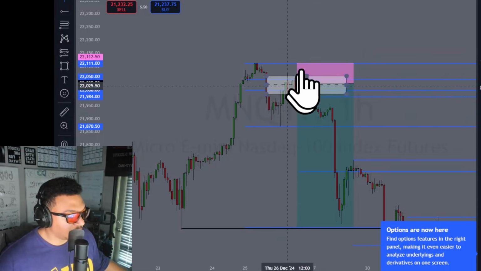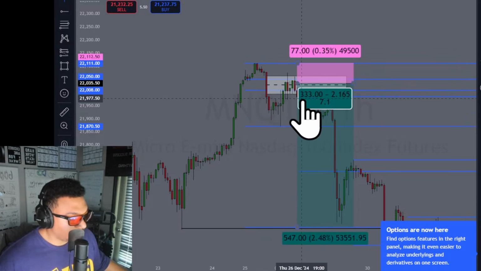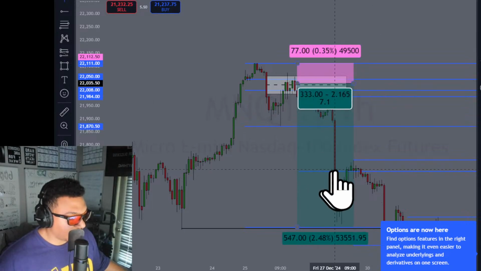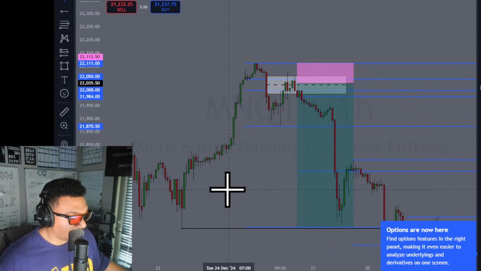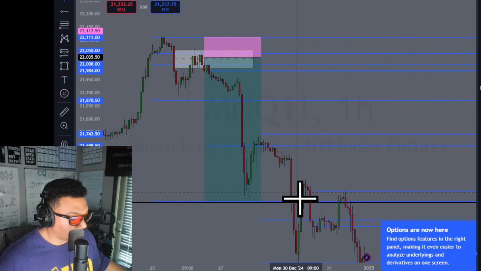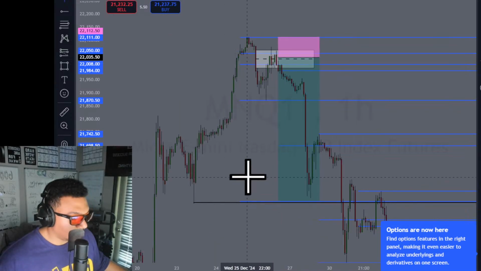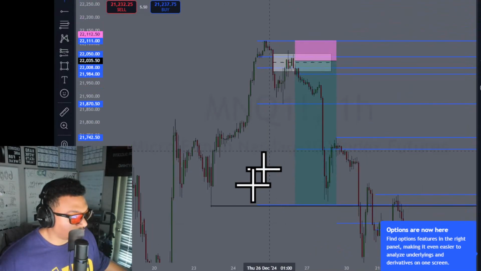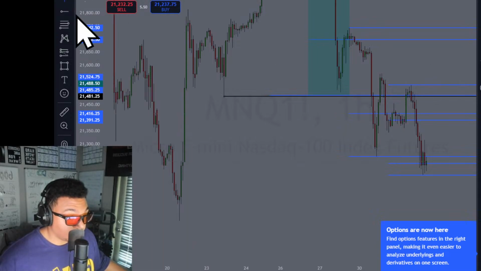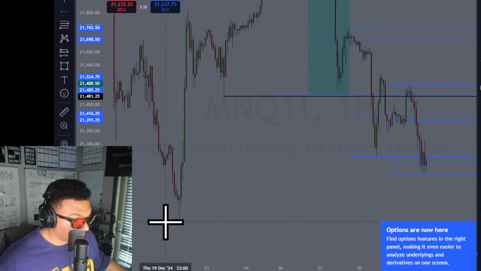Came to 2 of these levels and failed. Came to 3 of these levels and failed. Came to 4 of these levels and failed. Came to 5 of these levels and failed. And then finally, we did retrace back up, and then we hit that target of internal to external liquidity. Again, there's more external liquidity down here, so we might be targeting this level, right?